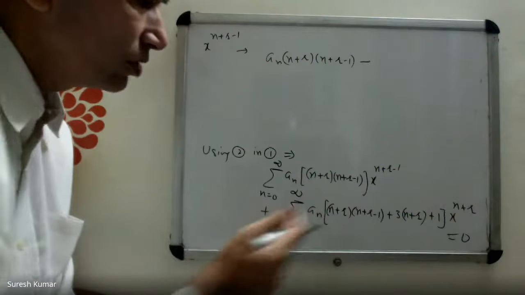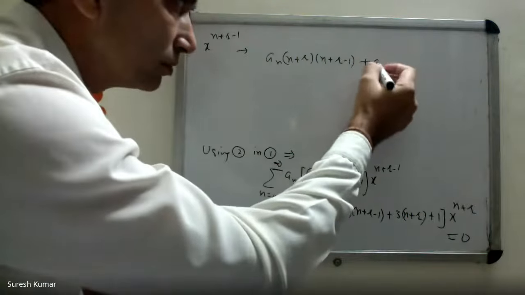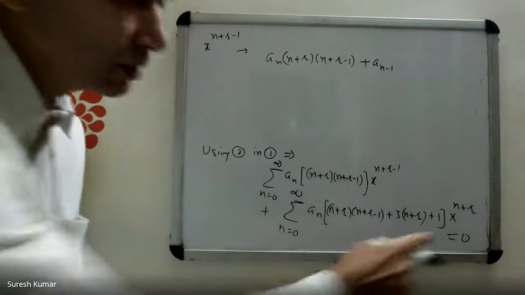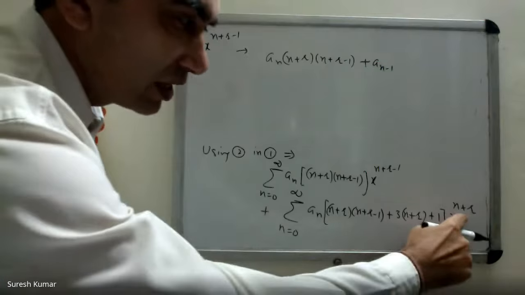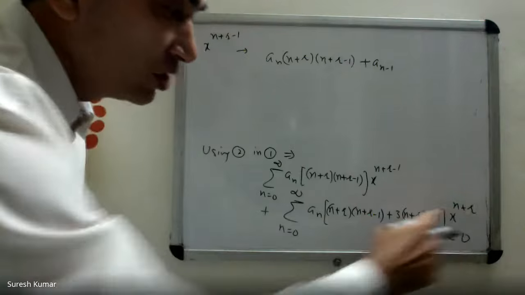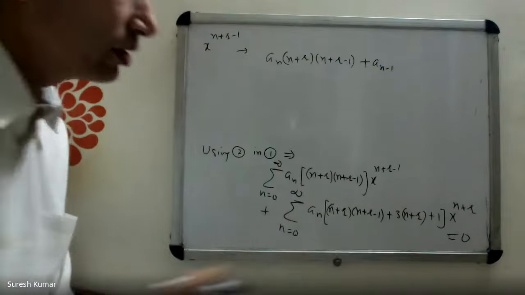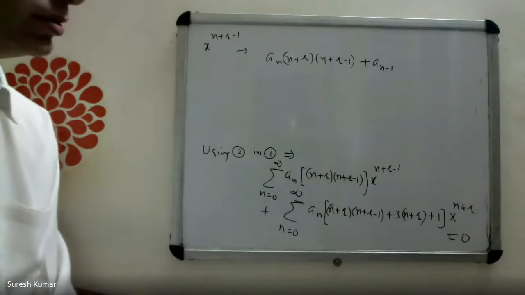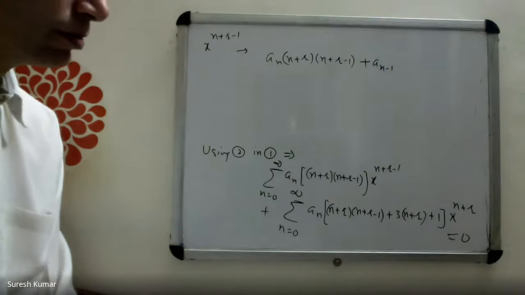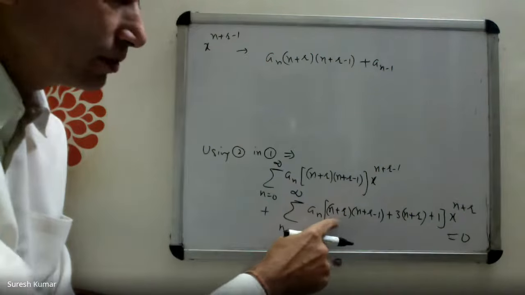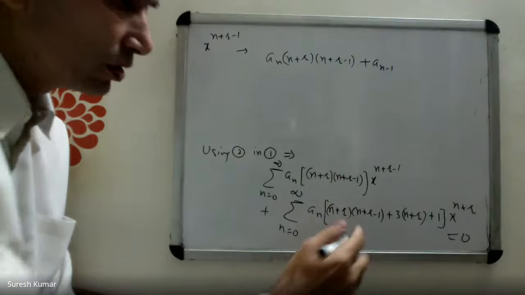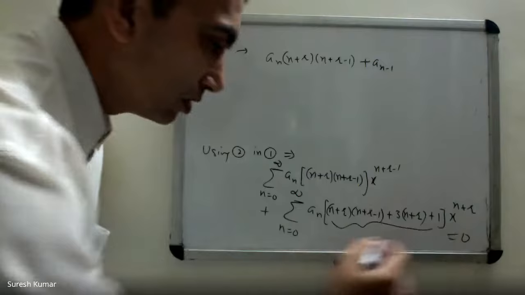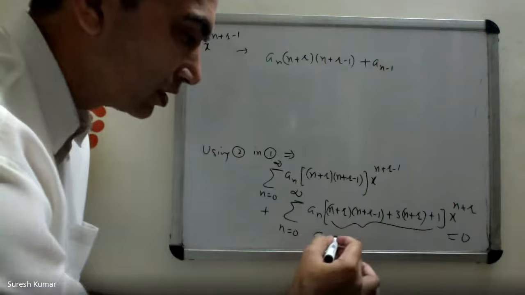So from here what do you get? An minus 1. If you want to make it x power n plus r minus 1, n you need to replace by n minus 1 everywhere. See what do you get? N replaced by n minus 1. And if you want to make it simple, you could combine it earlier like this.